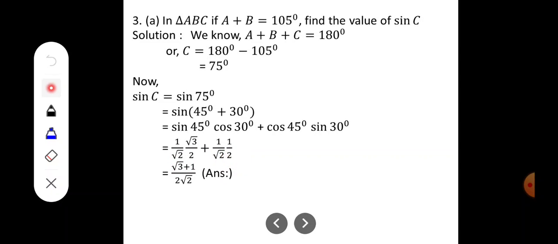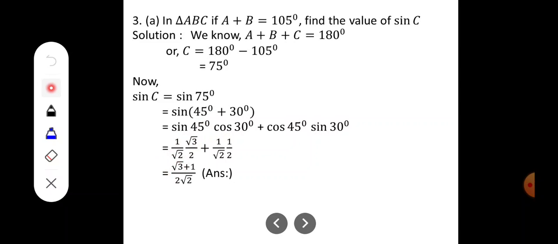The LCM of the denominators of the first and second term will be 2 root 2. Then dividing the LCM by the denominator of the first term, we get 1, and multiplying with the numerator root 3 we get root 3.